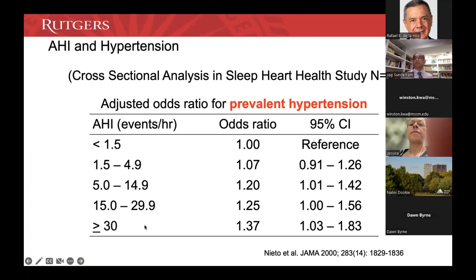And as you can see here, essentially what they showed was that the odds were highest when your index was more than 30. And otherwise, even if you had mild or moderate OSA, there was a higher odds of developing hypertension. So presence of OSA, even mild OSA in this particular study, was associated with prevalent hypertension.